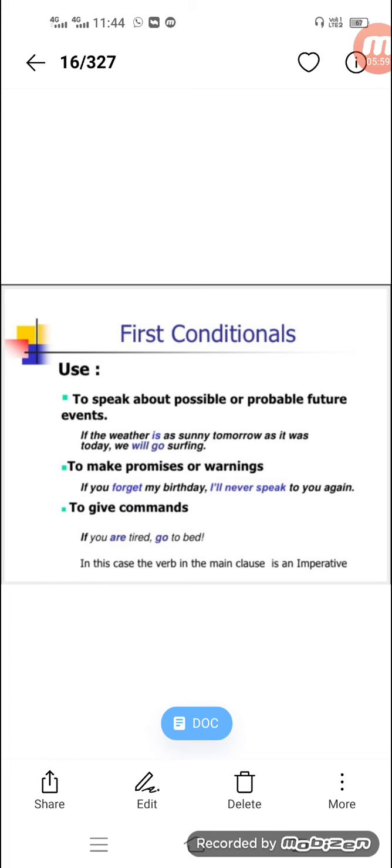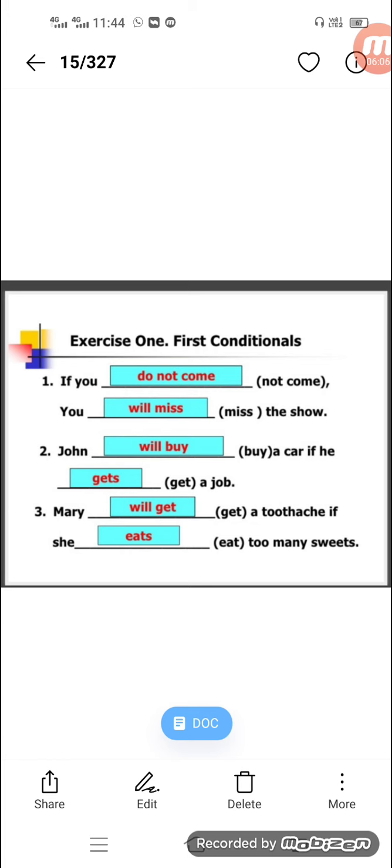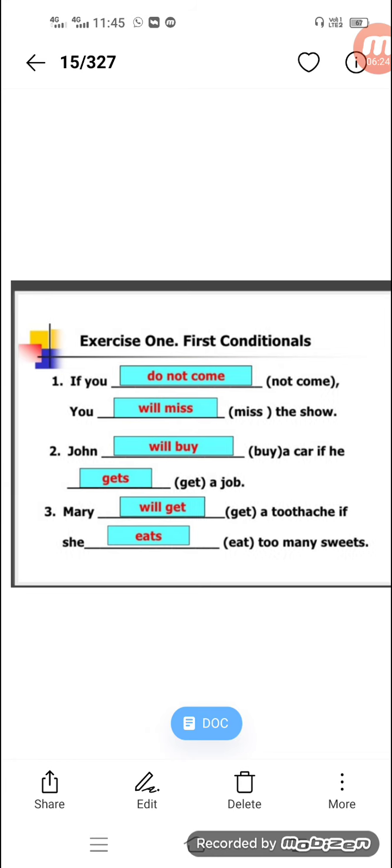Here the condition is fulfilled and the result part is probable. Next, if you see some sentences here: if you do not come, you will miss the show. John will buy a car if he gets a job. Mary will get a toothache if she eats too many sweets.